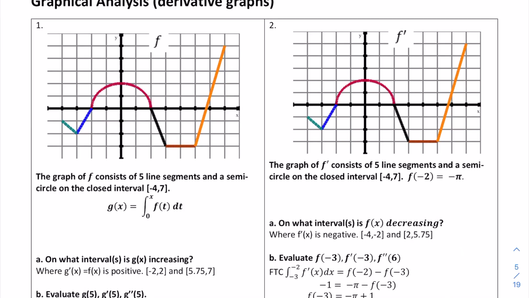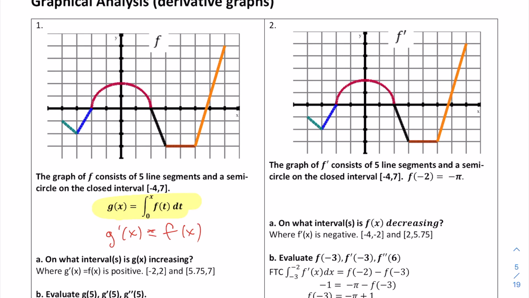100% you're going to be given a graphical analysis question where you're given some sort of derivative graph. Now, it may be disguised, but they usually put it in 2 different ways. One way is they give you an f graph, but then they give you this integral defined function, where we have to make the connection immediately that g prime of x equals f of x.